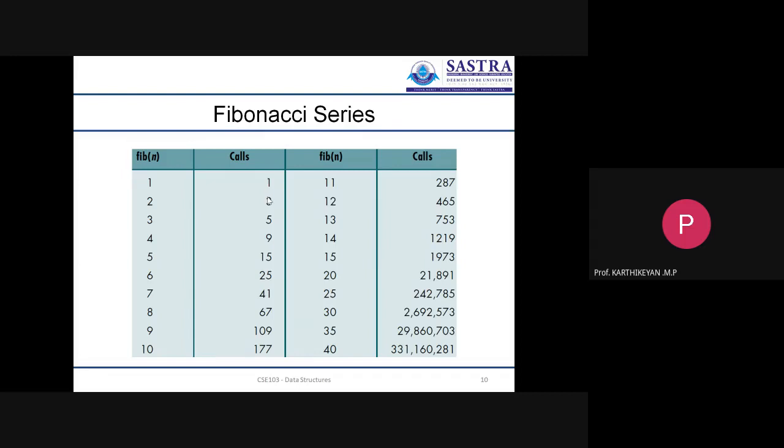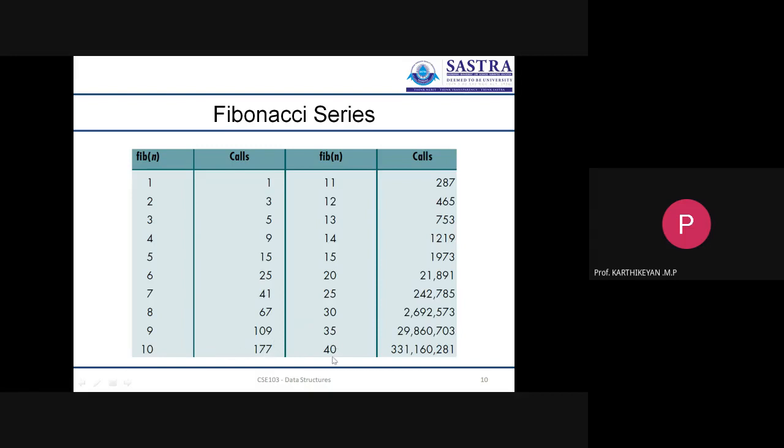So if you increase the number of terms in the Fibonacci series, the number of calls increases exponentially. For the 5th term, totally 15 function calls are required. For the 10th term, see here, 177 function calls are required.